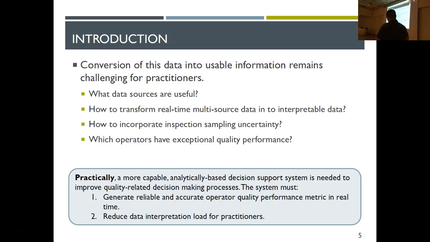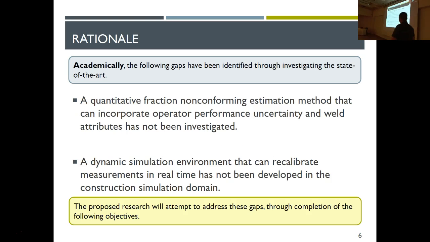So practically, a more capable, analytically based decision support system is needed to improve quality-related decision-making processes. The system must generate reliable and accurate quality estimates in real time, and the system must reduce data interpretation for practitioners.